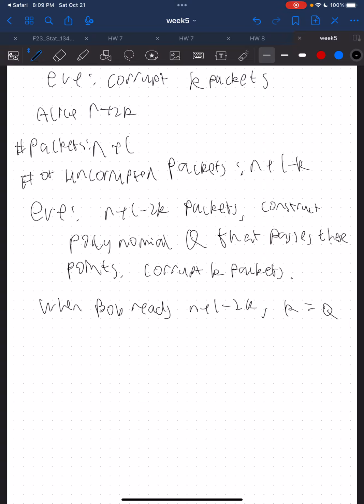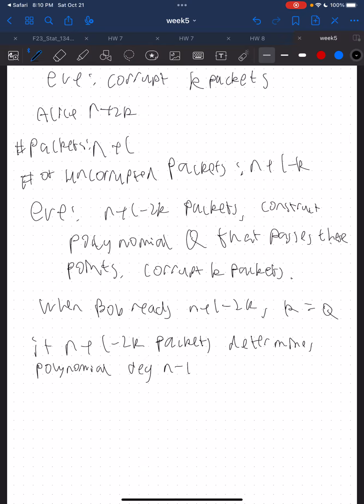This is not possible when n plus L minus 2k packets already determines a polynomial of degree n minus 1.